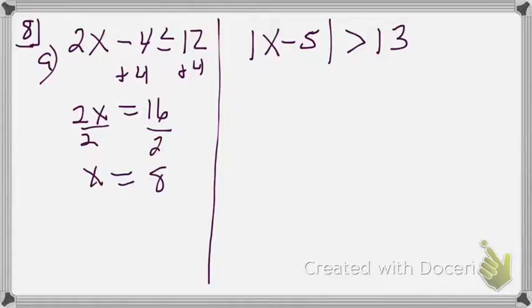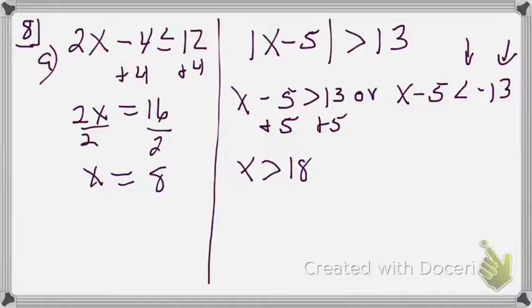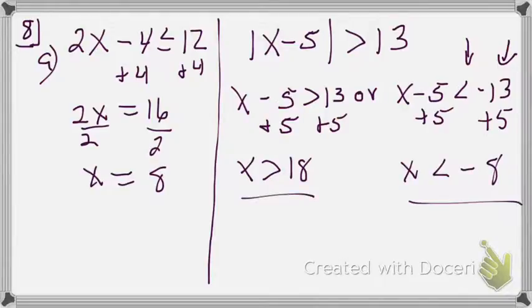So, what I can do is break this up into x minus 5 is greater than 13, or x minus 5 is less than negative 13. Okay, we multiplied by negative 1 here, so we changed the direction of the inequality. If I add 5 to each side here, I get x is greater than 18. And if I add 5 over here, I get x is less than negative 8. Okay. Part C.